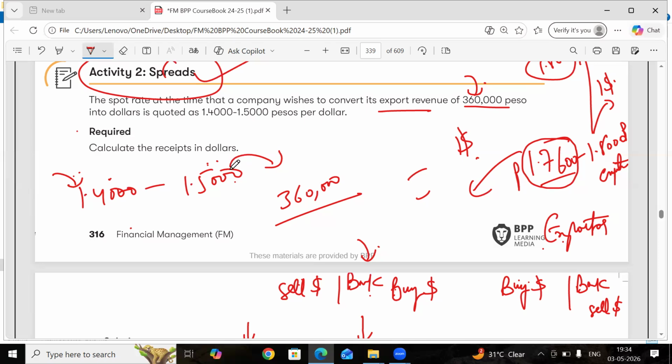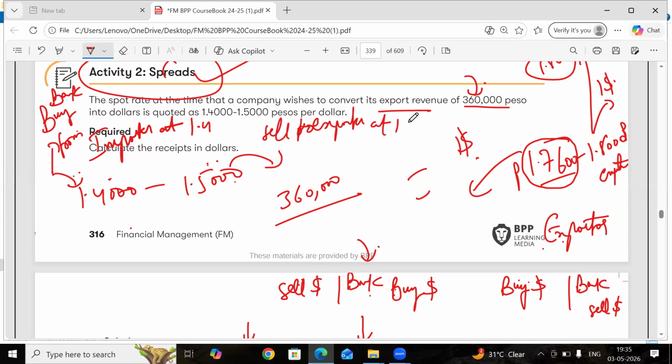To exporters, the bank will sell dollars at this price. From importers, the bank will buy at this price. Buy from importers at 1.4. Sell to exporters at 1.5.